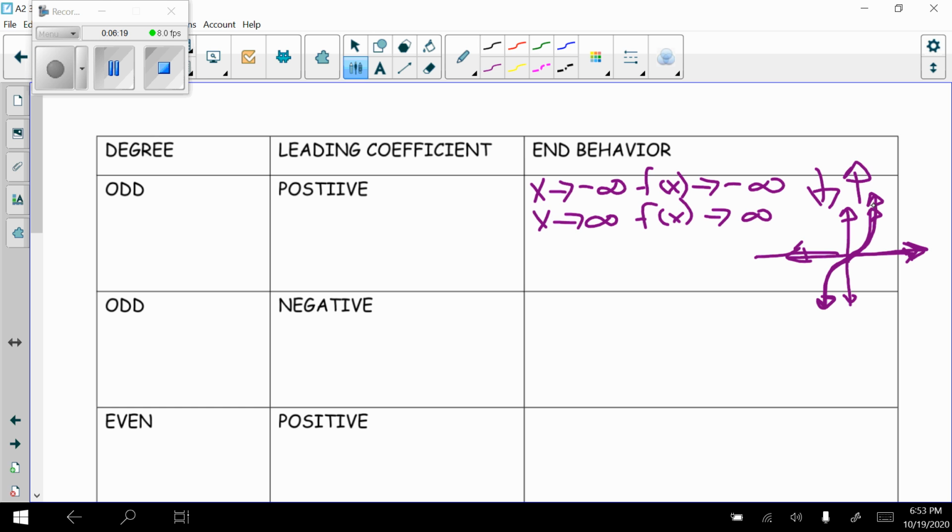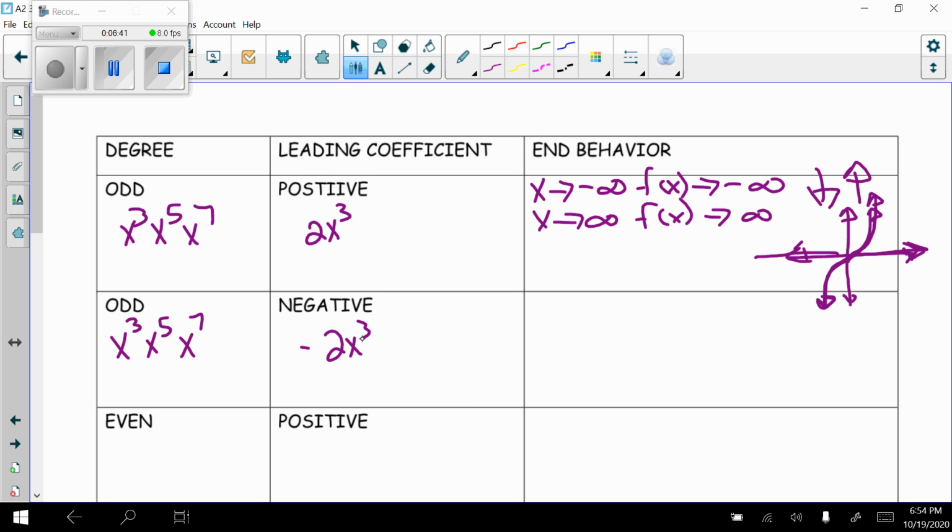If my degree is odd, and so these we're talking about like x cubed, x to the 5th, x to the 7th, this is what we're talking about, okay? And so here my positive coefficient, so I would have had like 2x cubed. Negative coefficient, I'm looking at like negative 2x cubed. Okay?